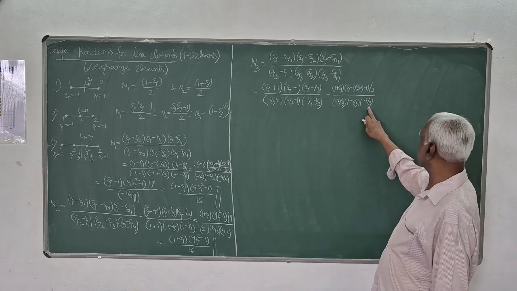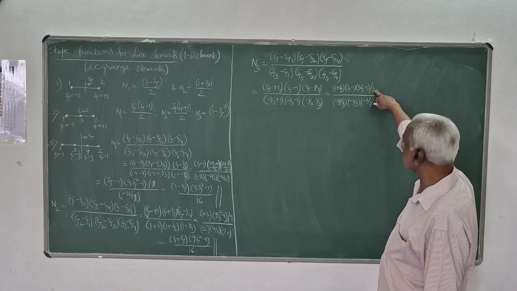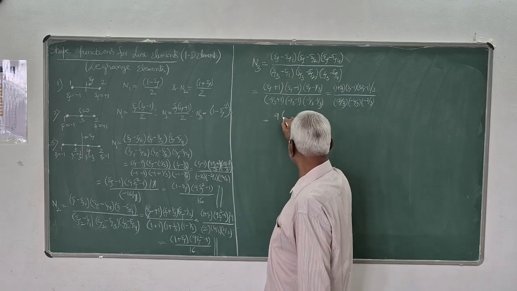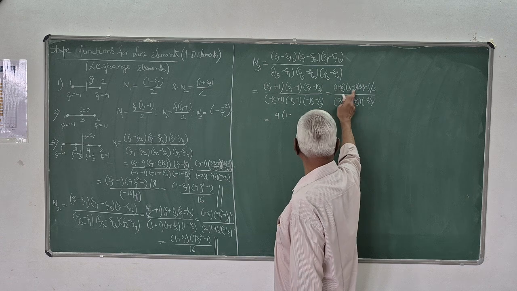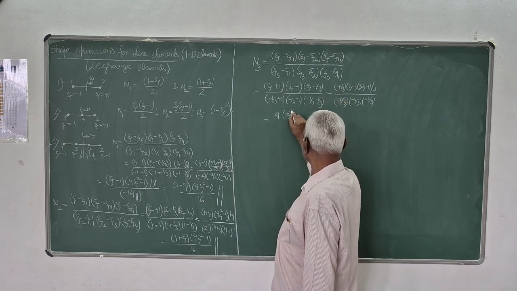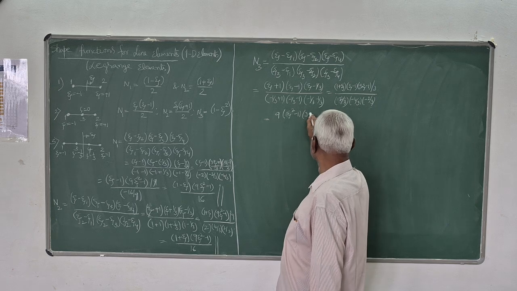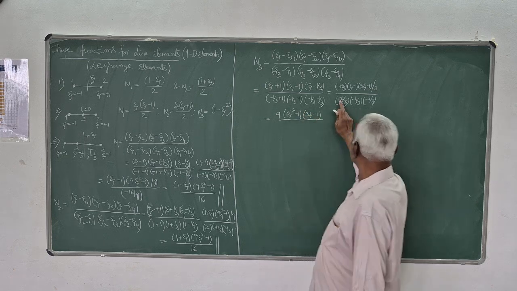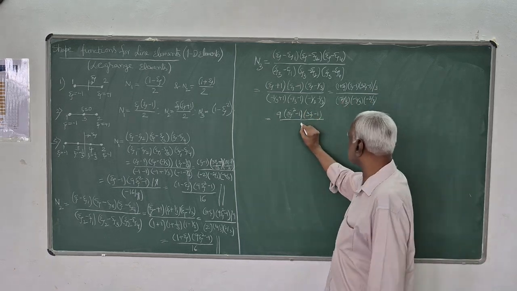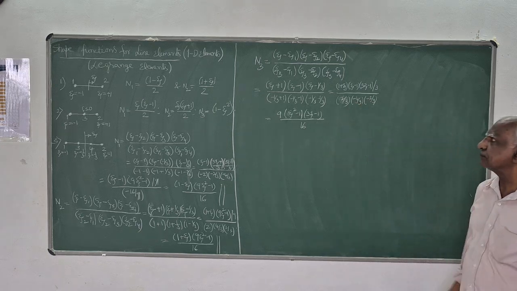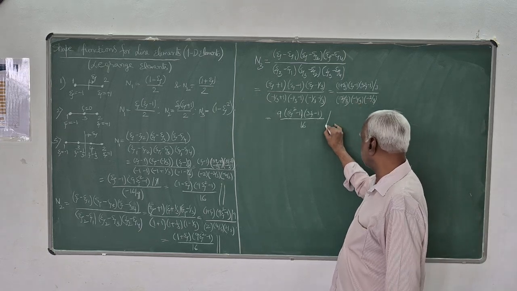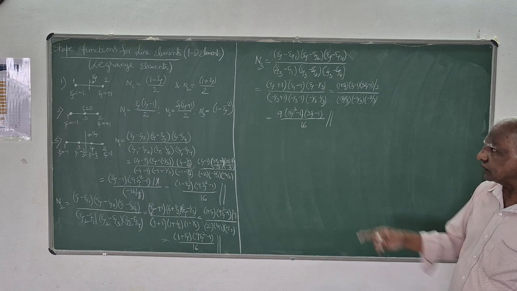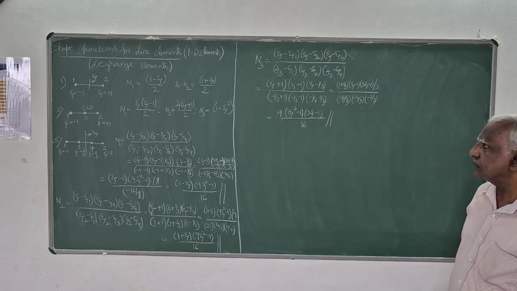So here 3 in the denominator gives 27, here it is 3, so 9, so this will go up. You have 9 into (1 plus psi) into (psi minus 1), that is psi square minus 1, into (3 psi minus 1), whole thing divided by 2, 4, 8 into 16. So this is minus minus plus. So this is the formula: 9 by 16 into (psi square minus 1) into (3 psi minus 1). That is for node 3.